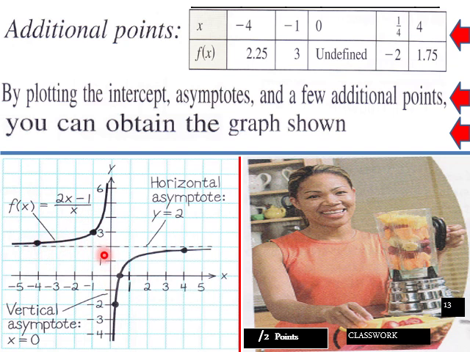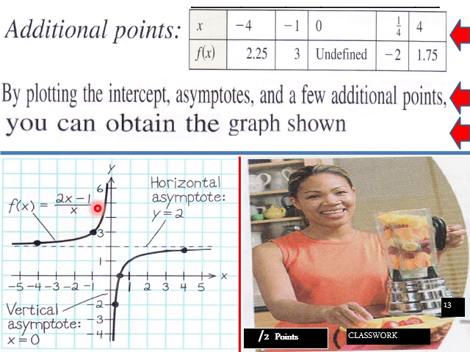And see the distance between the intersection of your vertical asymptote and horizontal asymptote and the actual curve is not the same as it would be if this was a 3.